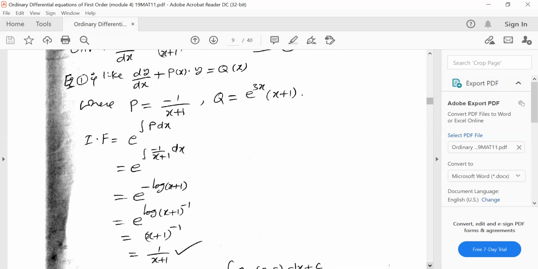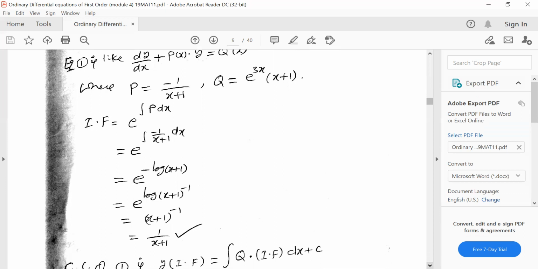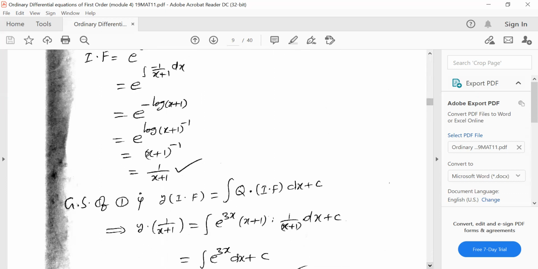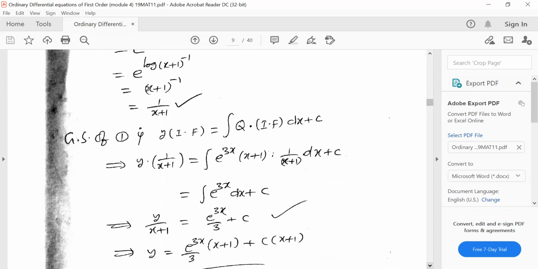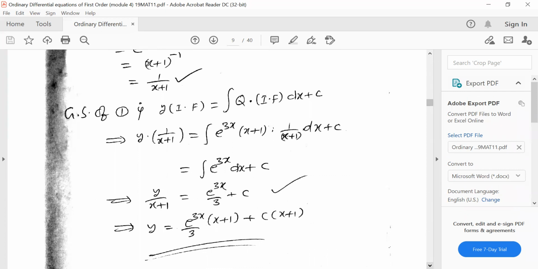That is, minus log (x plus 1) is log (x plus 1) power minus 1. It is a logarithm property: log a power m is m log a. Then e power log, no, so we get only (x plus 1) power minus 1. e power log x is x. That's why it will come only (x plus 1) power minus 1. So the final answer is 1 by (x plus 1). So we will say the general solution is, what is the general solution?